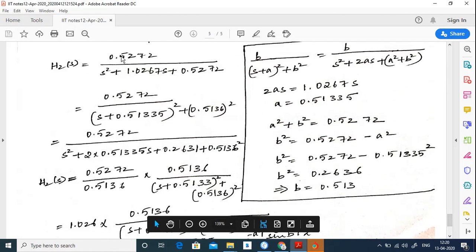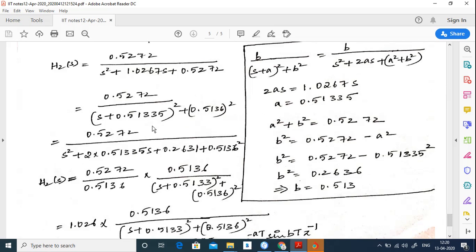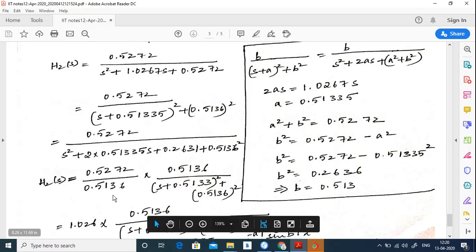In order to convert this into the standard expression, what I'm going to do is somehow bring b here, that is this value. How to get that? Multiply and divide by the same number, so that this will get cancelled out, you will get 1, so no change. Now this particular value, I'll simplify and keep that as it is.